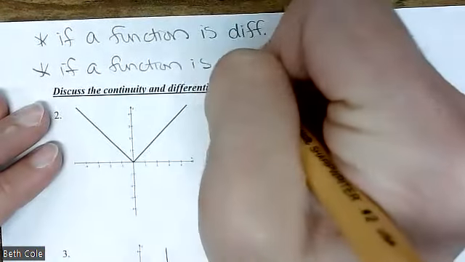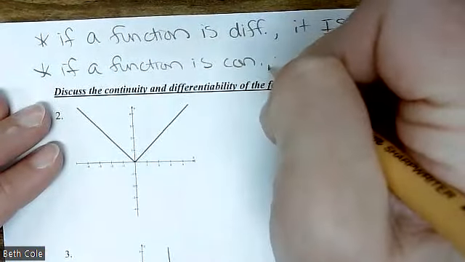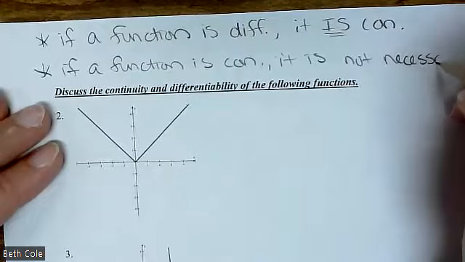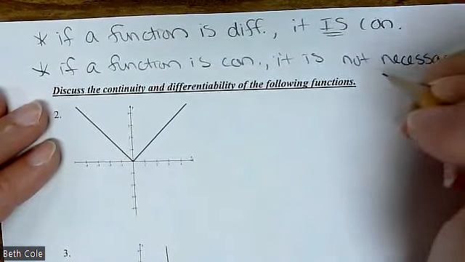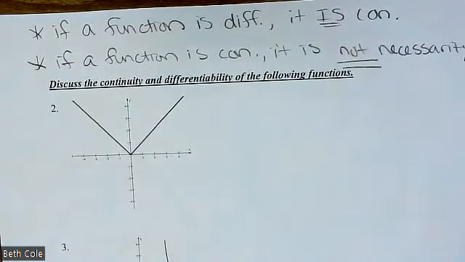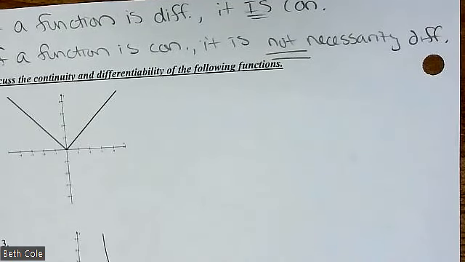If a function is continuous, it is not necessarily differentiable. It might be, but it might not be. If your function is continuous, it just means that it links up. It may or may not be differentiable.